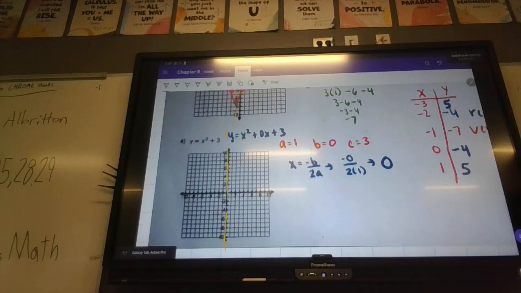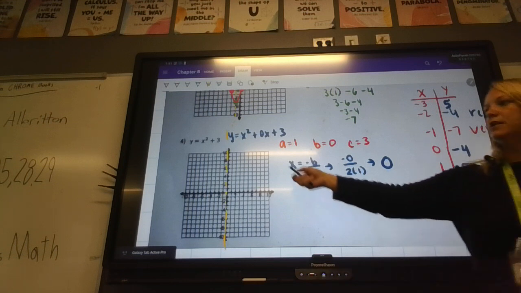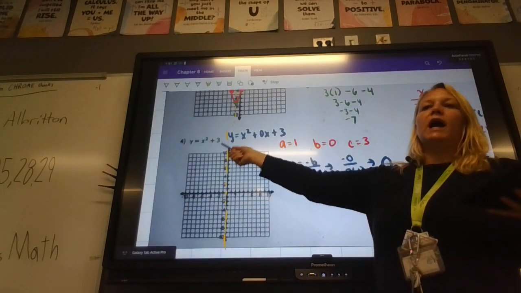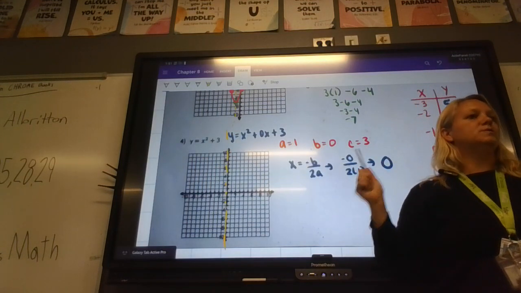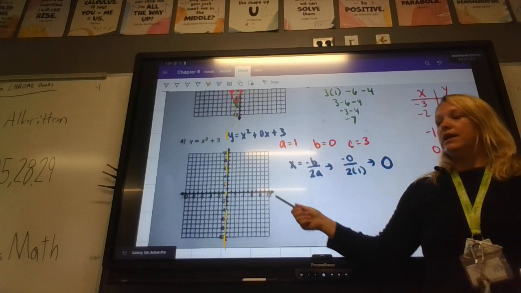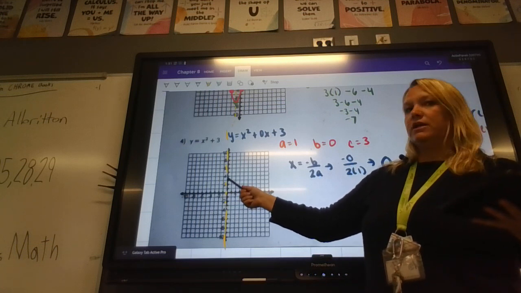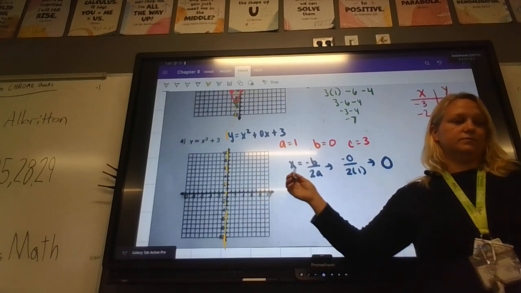Can anybody predict how far up or down it'll be? It's just 3 up. It's the parent function 3 up. So I told you guys you should memorize y equals x squared. If you haven't memorized, just count it 3 up, and that's your graph.